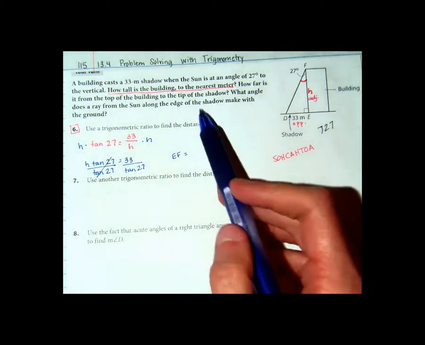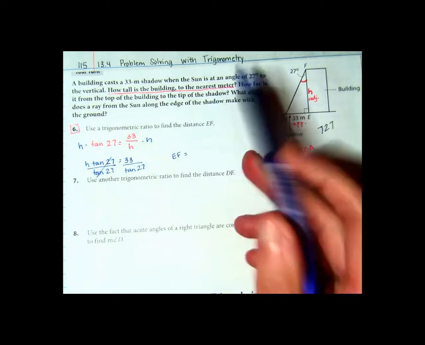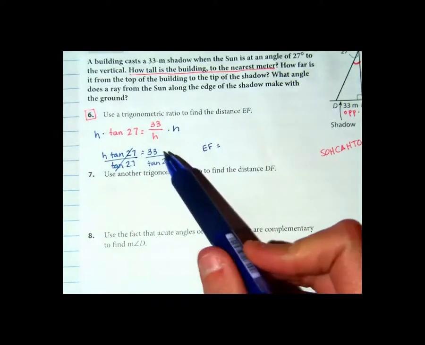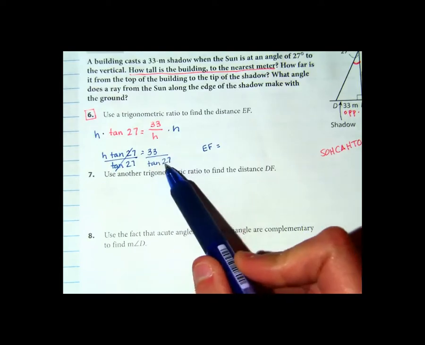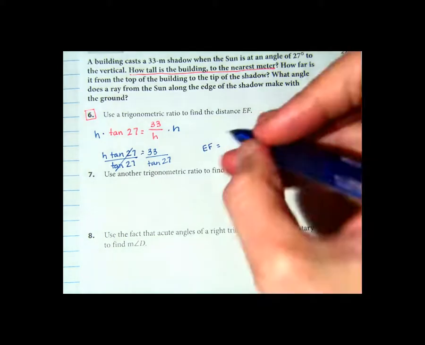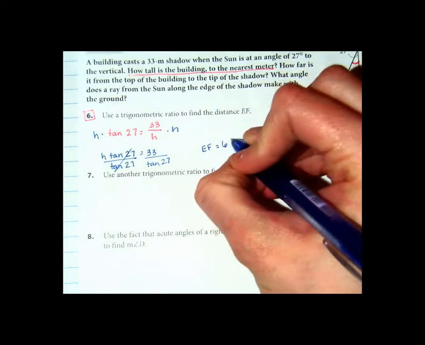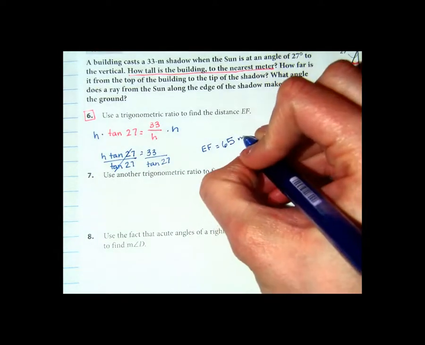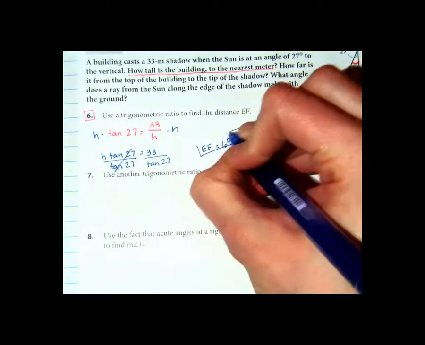Does it say to round? Nearest meter. So in your calculator, you're doing 33 divided by the tangent of 27. And when somebody gets that, let me know. 65 meters. Okay, that's the first question right here.